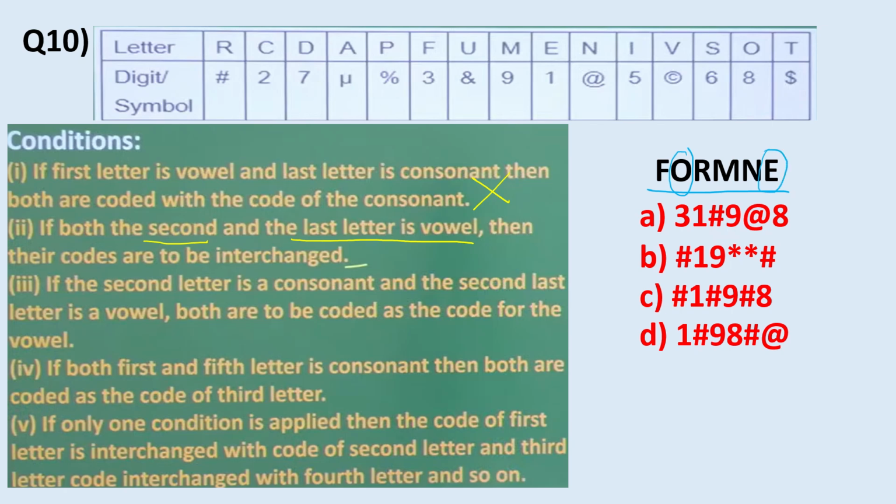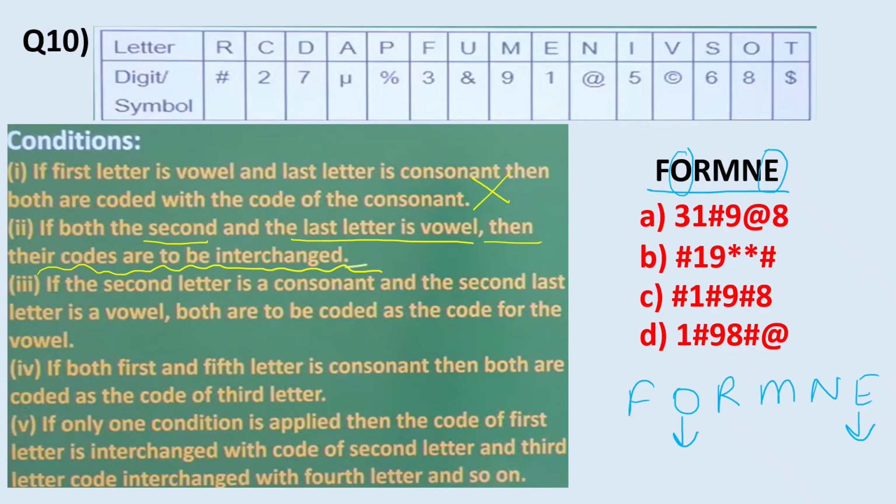So I'll go with the second condition. Then their codes are to be interchanged. Meaning, this is the word given to you. So if the second and the last letter are vowels, then their codes have to be interchanged.